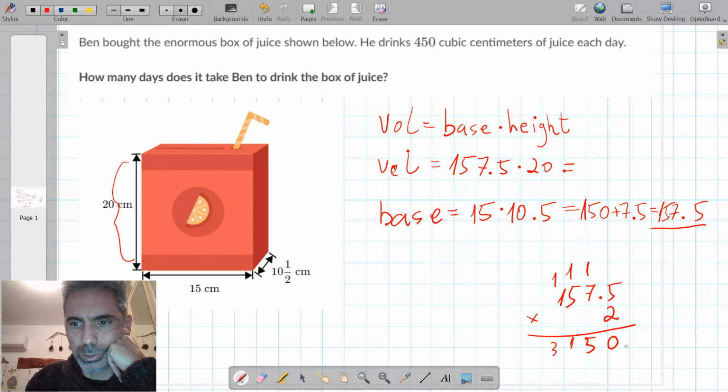And we need to shift the decimal point. Sorry, I had to multiply it by 20, not by 2. So the volume is 3,150.